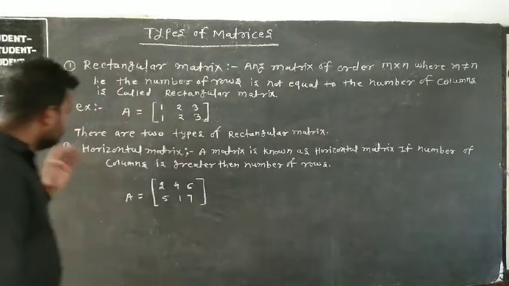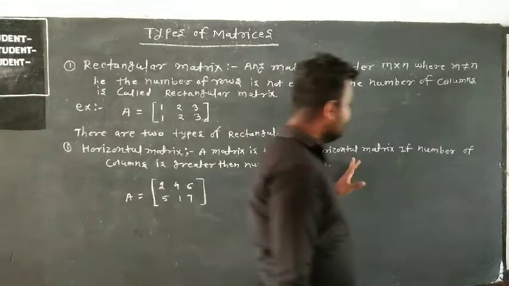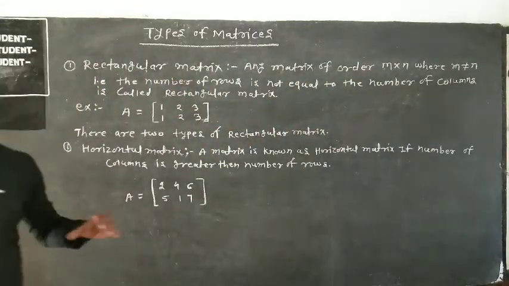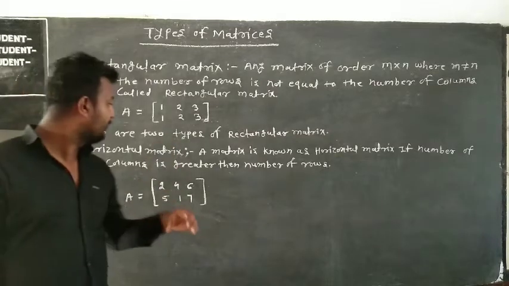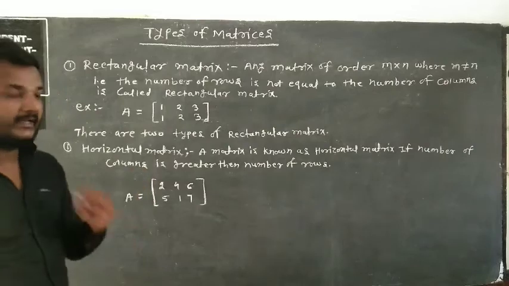A matrix is known as a horizontal matrix if the number of columns, meaning n, is greater than the number of rows, m. Clear? n greater than m.